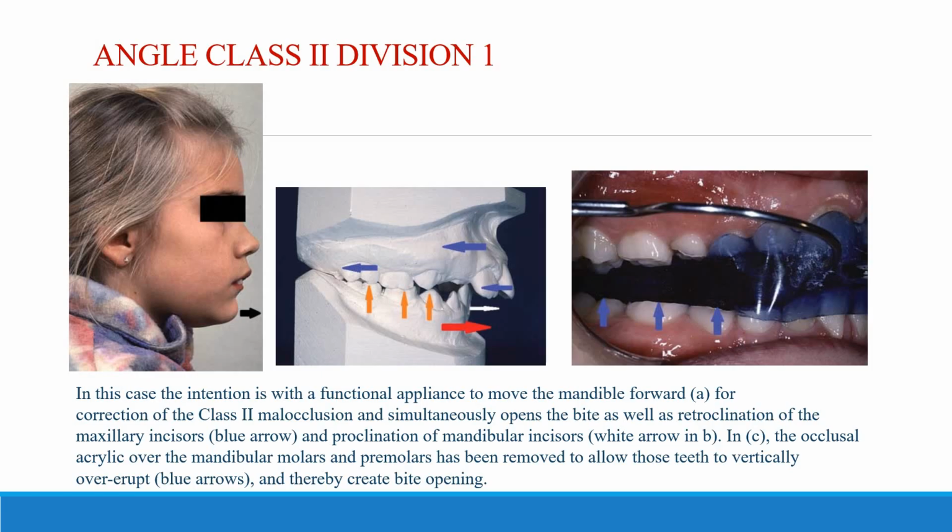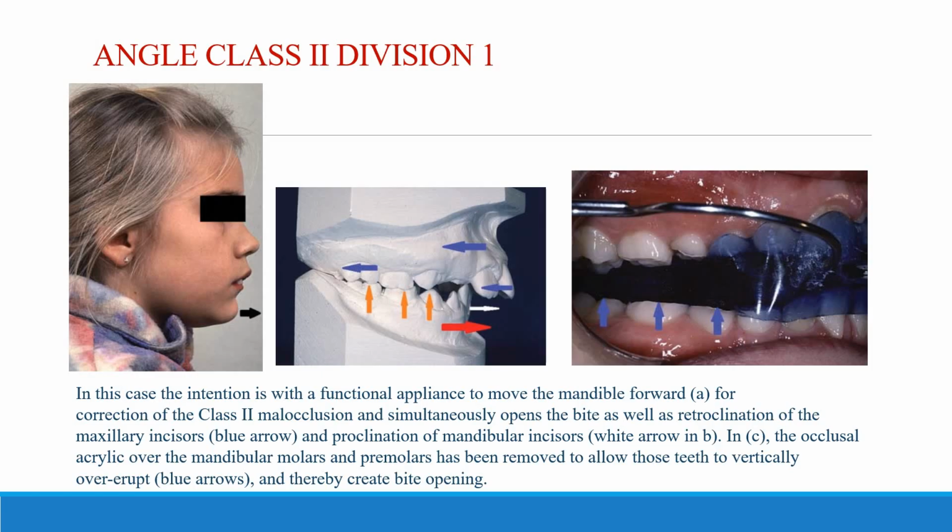The Andresen activator, which was created by Andresen in 1957, one of the first functional appliances that attained extensive clinical use, is constructed to alter the functional pattern and simultaneously stimulate muscle activity that is converted to a force designed to move the teeth in all three planes of space. Thus, the mandible is moved forward for correction of class 2 malocclusion and opens the bite.